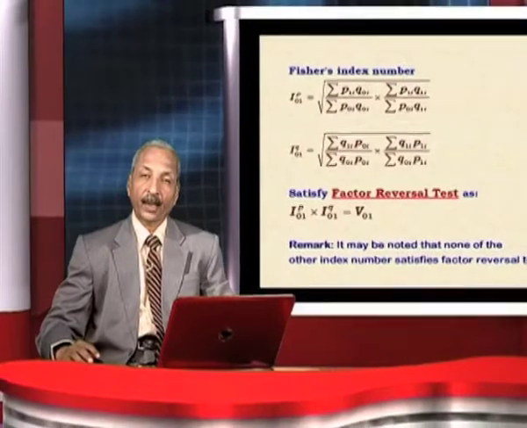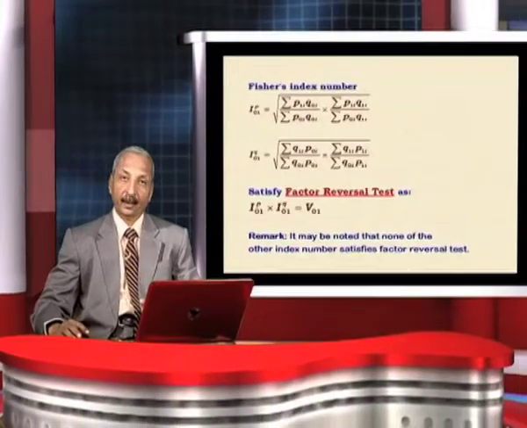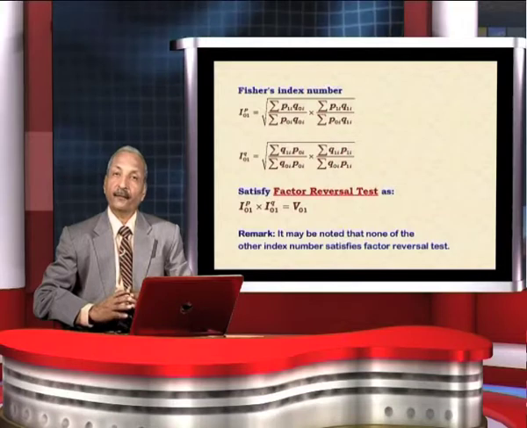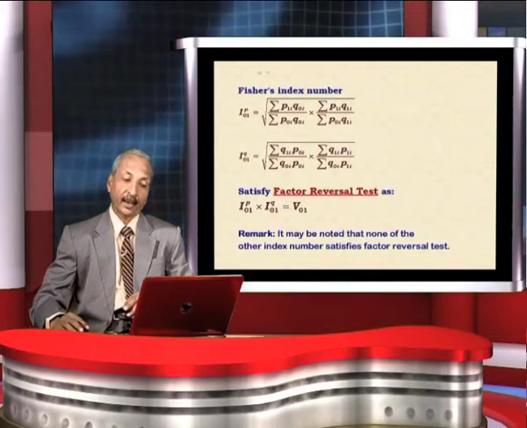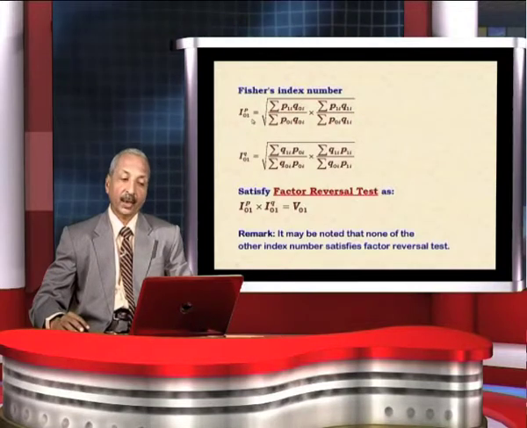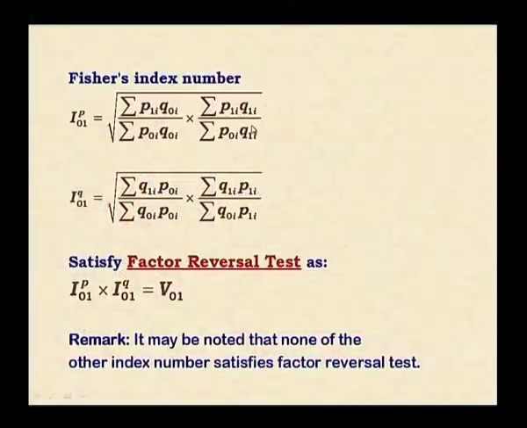Now, here we observe that Fisher's ideal index number satisfies the factor reversal test. We know that Fisher's price index number is given by this formula, whereas Fisher's quantity index number is given by this formula, that is I01Q is the geometric mean of Laspeyres and Paasche's quantity index numbers, and this is given by this formula.